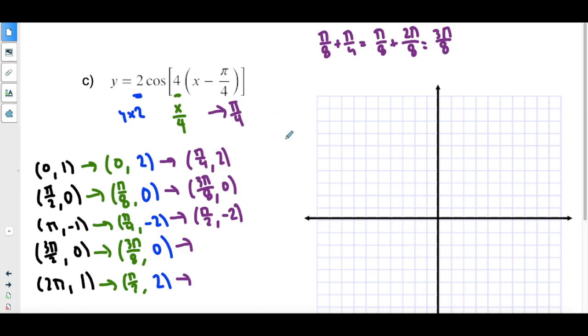If I add pi over 4 to 3 pi over 8, let's do that up here, I'm going to get 5 pi over 8.